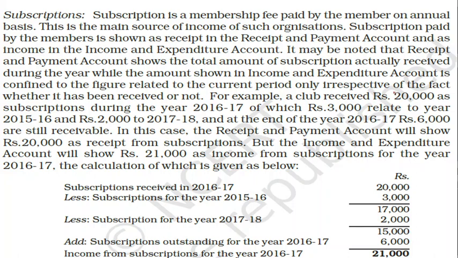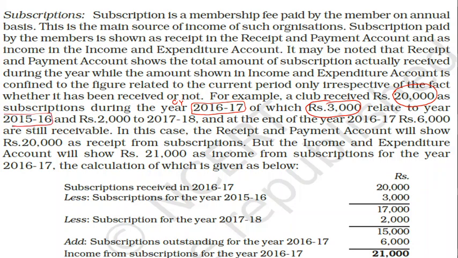This is an amount of 20,000 which is received by a club in the year 2016-17. During this year, this amount is received. So this is your current year, of which rupees 3,000 relates to the year 2015-16.